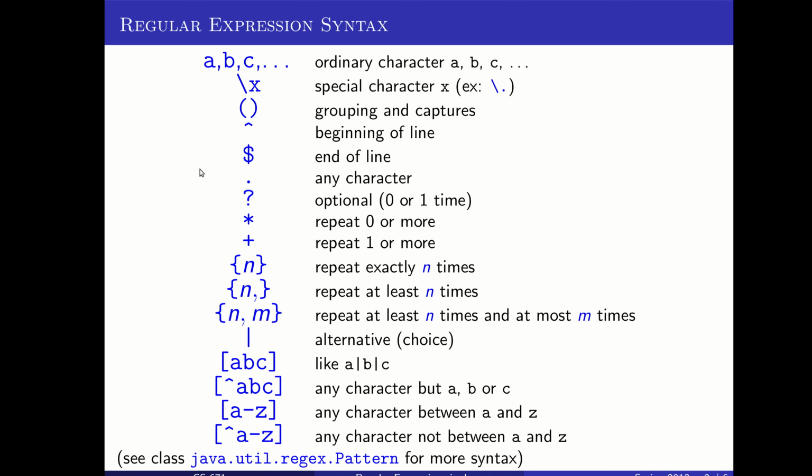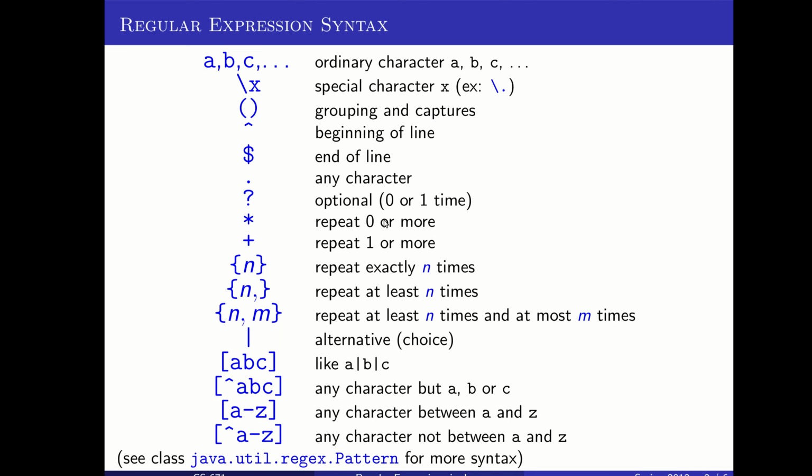It would be capital A dot, and the dot would represent exactly one character. There are also some things that allow you to say how many times something is repeated. There are single characters that let you do that. Question mark allows 0 or 1 repeats of something, so it may not be there at all, but if it's there, it can only be there one time.